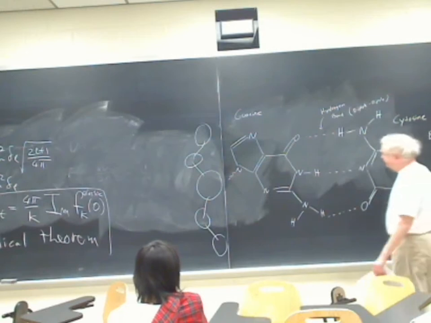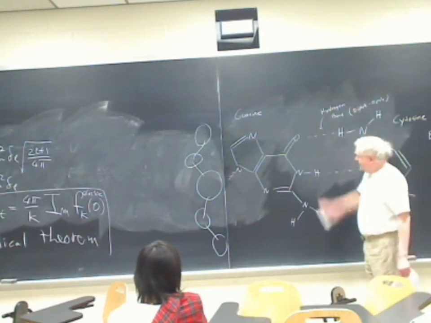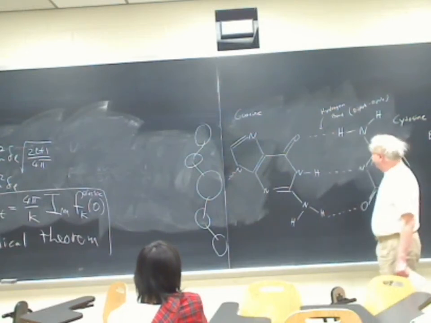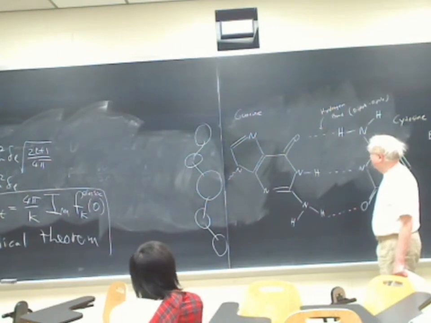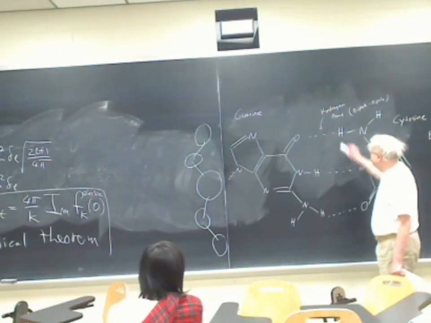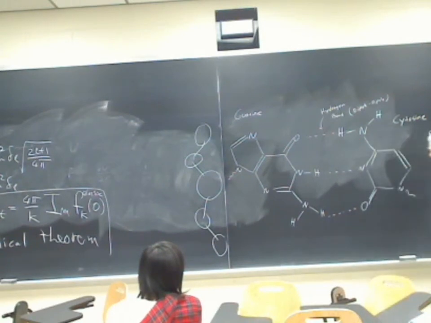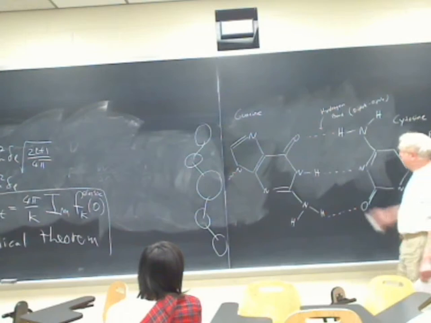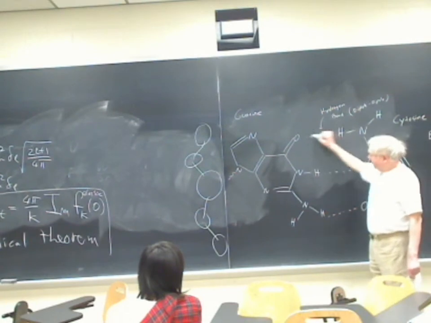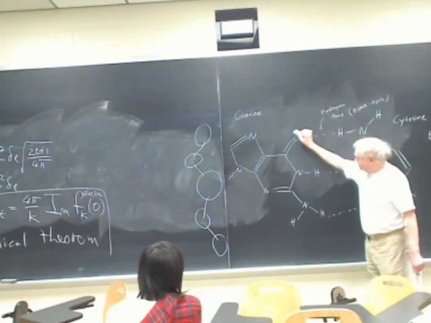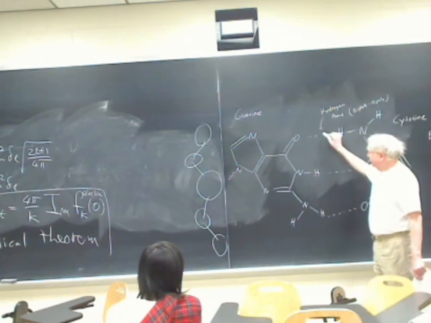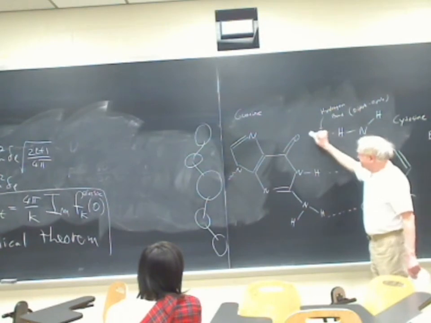What you have here is an oxygen, and here you have a hydrogen, and the electron can come off the hydrogen and be attracted to the oxygen, and so it sort of sits in between.